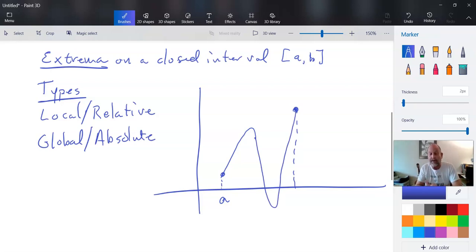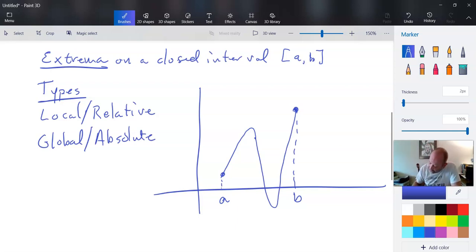Now, when you're talking about a local or a relative minimum or maximum, what that means is that it may not be a maximum over the entire interval from A to B, but it is bigger than everything around it. At least there's some area around it that you can carve out where you can say, yes, this is the biggest value.